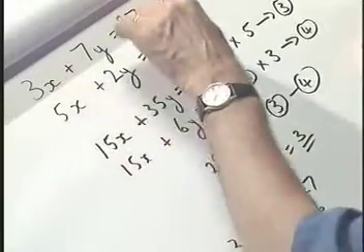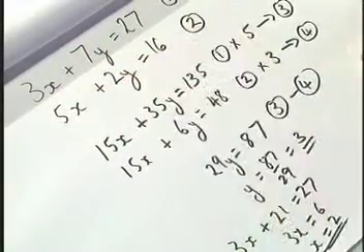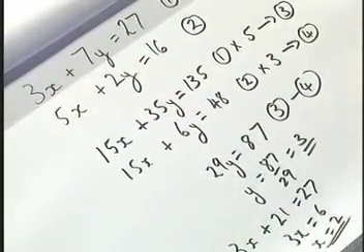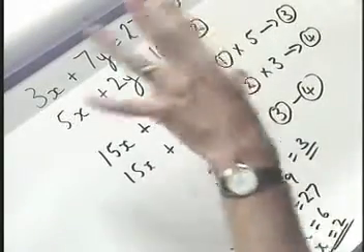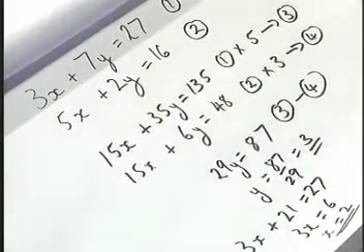Now, all the examples that we've looked at so far have all had whole number coefficients. They might have been plus, they might have been minus, but they've been whole number. And everything that we've looked at has been in this sort of form, x, y, number, x, y, number. Well, not all equations come like that. So let's just have a look at a couple of examples that don't look like the ones we've just done.